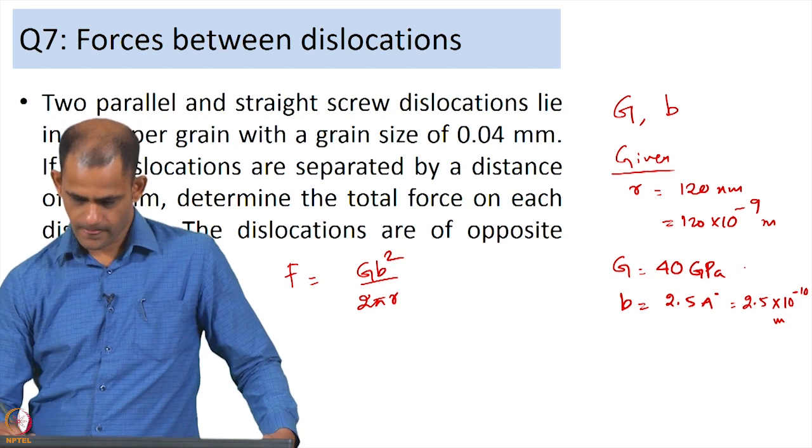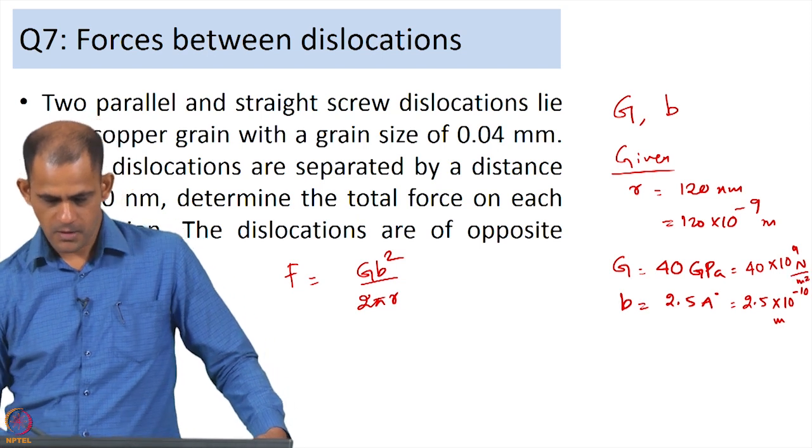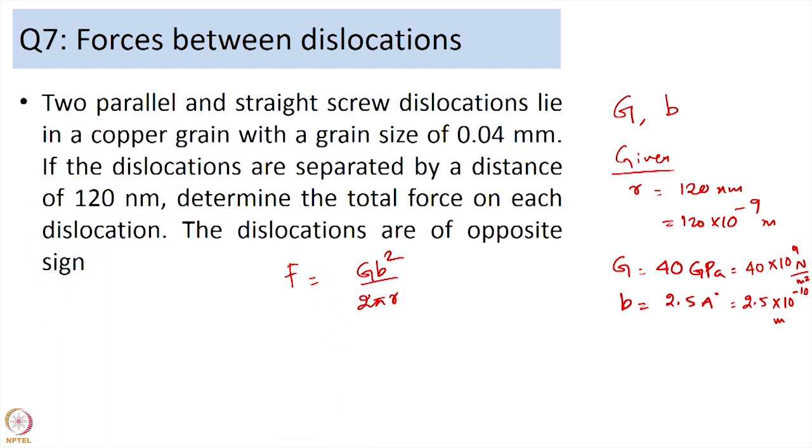With this information we can now determine the force. The force is force per unit length, equal to 40 into 10 to the power 9 into 2.5 into 10 to the power minus 10 squared, divided by 2 into 3.14 into the distance.